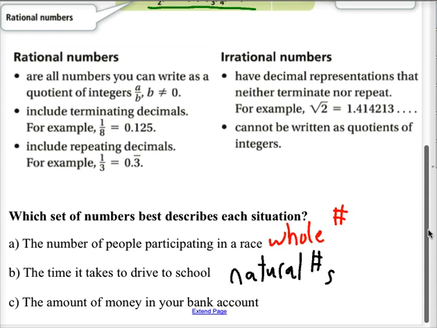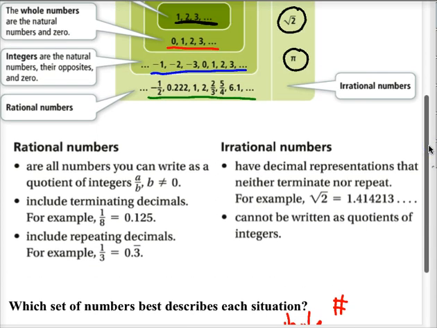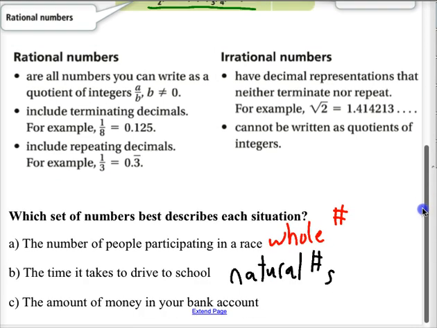No, you can have $1.26, you can have $101.50. So for the amount of money in your bank account, you're not talking about having to be whole numbers. You want to include the negatives. So to me, that's going to be focusing in the green there. That's going to be rational numbers. So rational numbers will represent the type of amounts of money that you can have in your bank account.